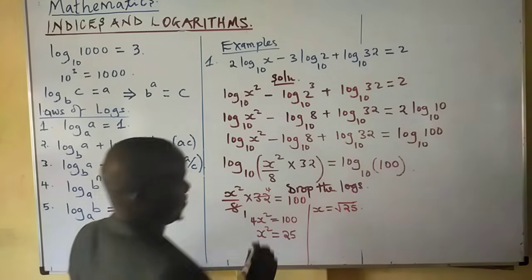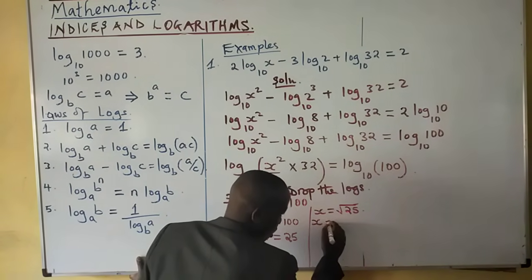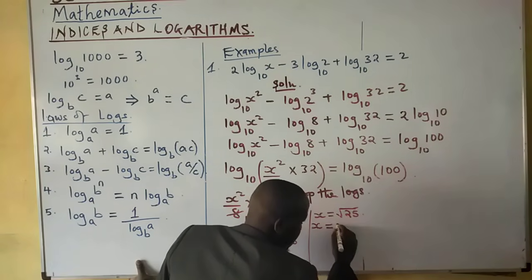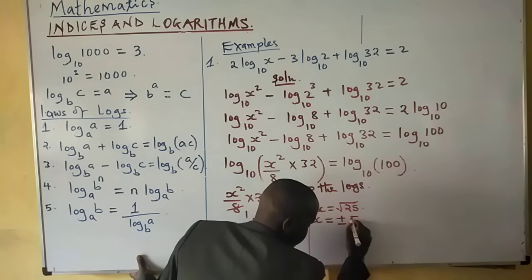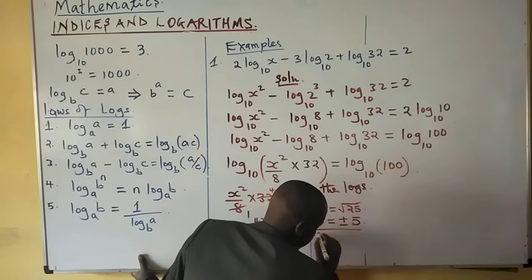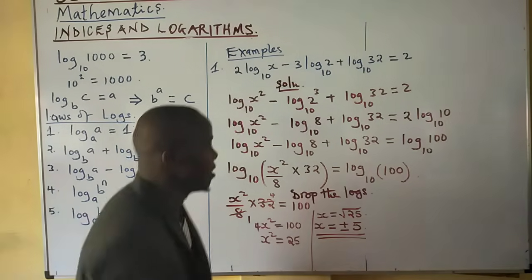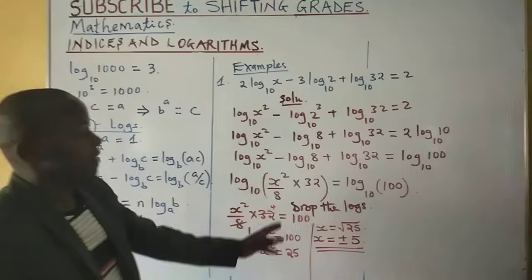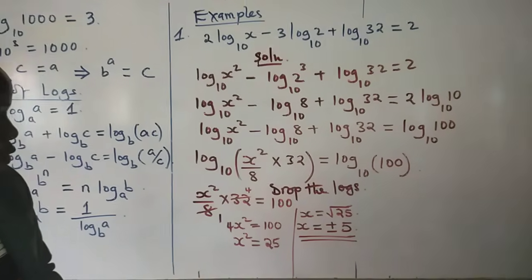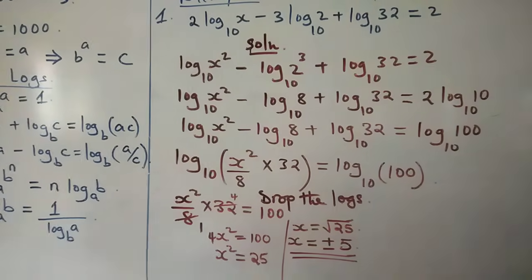Master this, that the square root of 25 is plus or minus 5. Not 5 only. It is plus or minus 5. Therefore, that is how we go about it. So that is the first example.